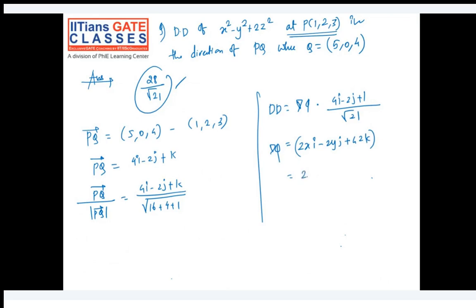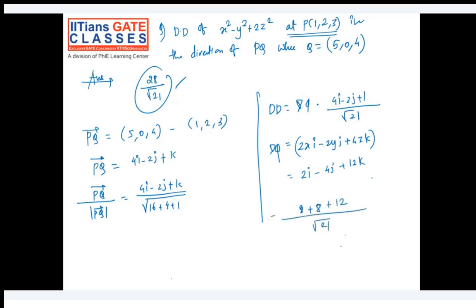2i minus 4j plus, how much? 12k. Okay, 2i minus 4j plus 12k is the del of phi, and if you take the dot product with this, how much you are going to get is 4 into 2 is 8 plus minus 4 into minus 2 is 8 plus 12 into 1 is 12, divided by under root of 21.